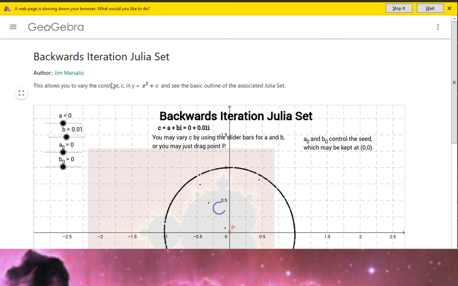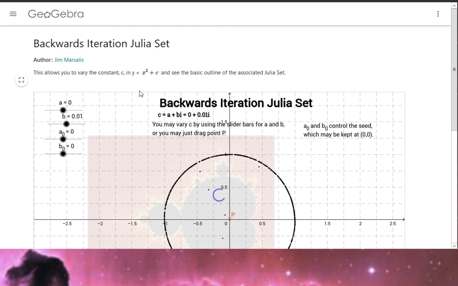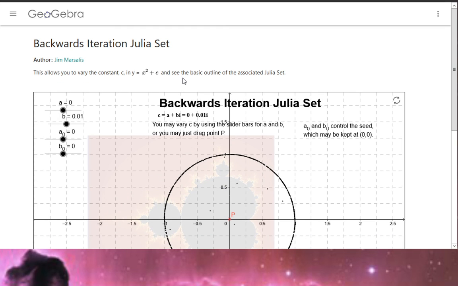Alright, so y equals x squared plus z is actually z, because you've got this number is real and imaginary numbers.